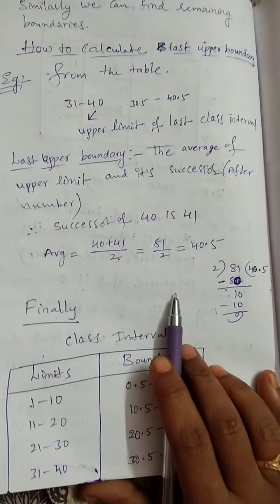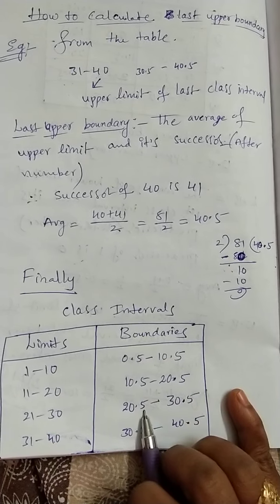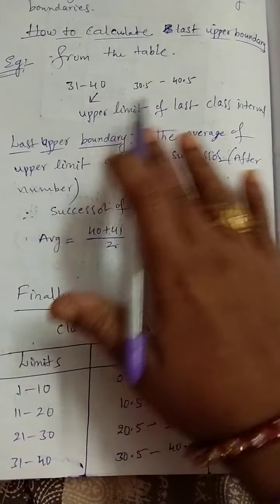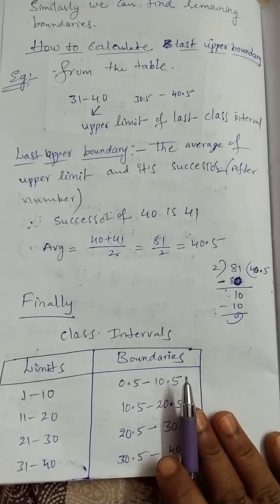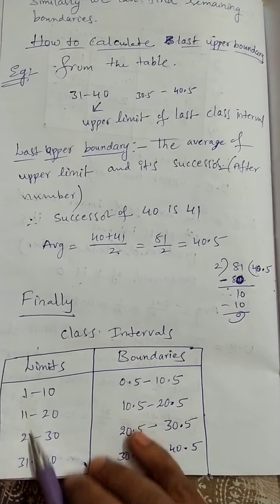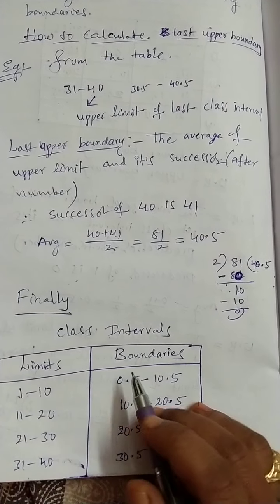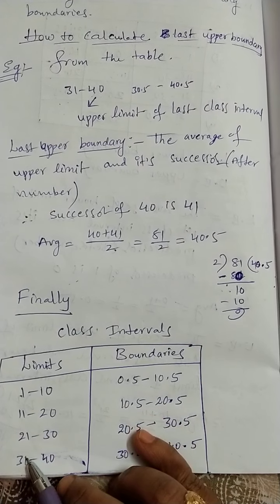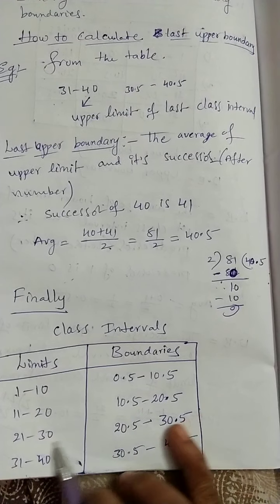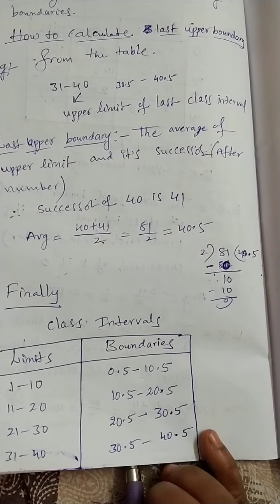Finally you will get the boundaries like this. If you forget this process of calculating the boundaries, remember the simple way: for all the lower limits you reduce by 0.5. 11 means 10.5, 21 means 20.5, 31 means 30.5.